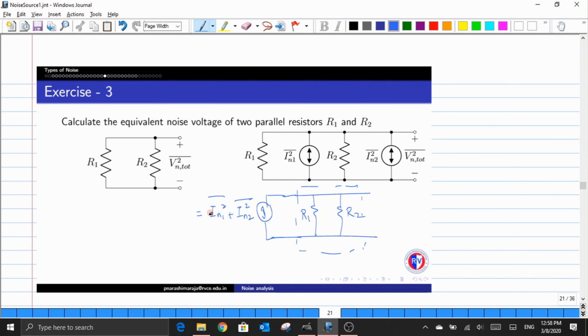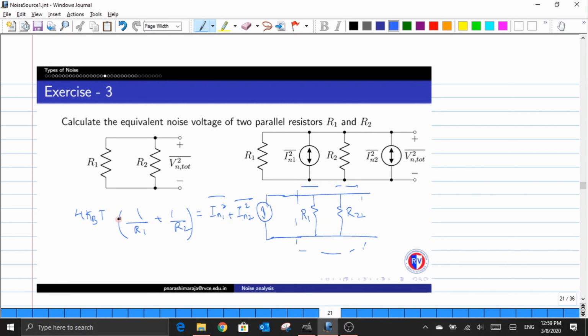So now the combination of these input noise current sources is nothing but written as 4 kBT times 1/R1 plus 4 kBT times 1/R2. So clearly we have a numerator term which is common to both, so I would pull out these common terms out of this expression so that I have a neater expression, something like this.